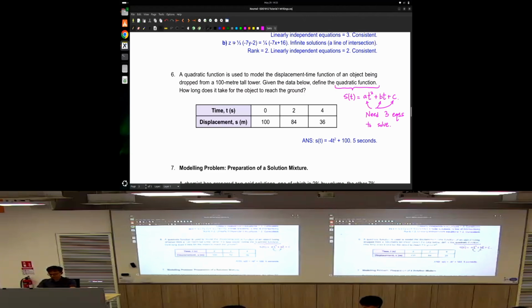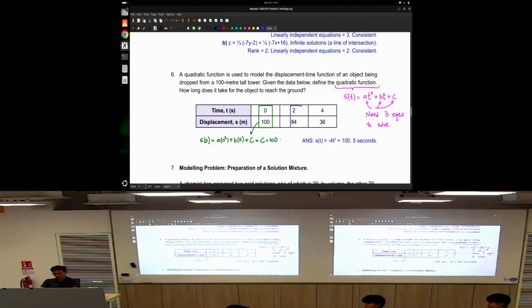The first data point gives you one row: s at t equals 0 equals 100. You substitute in, and you really get C equals 100, because it's A times 0 squared plus B times 0 plus C. So you found the first unknown. You don't even need to solve anything.